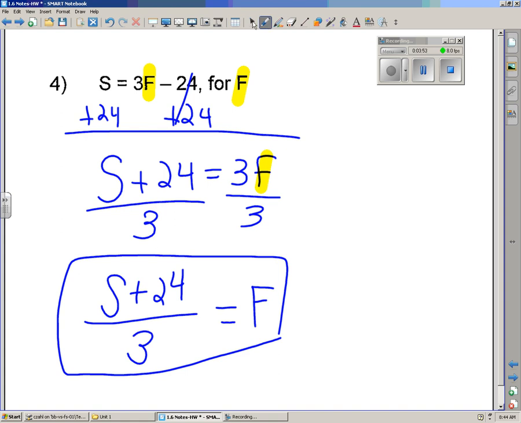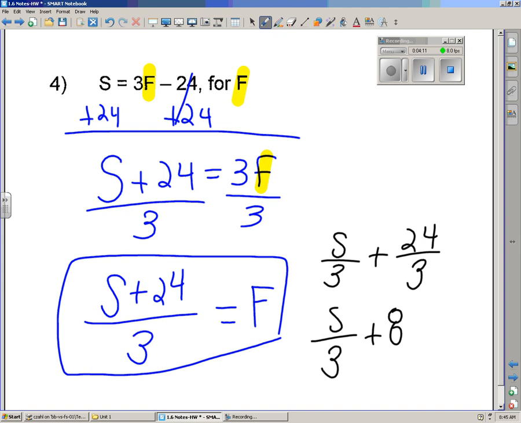I'm not requiring it. But what you need to understand is that s plus 24 divided by 3 is really two separate fractions, s over 3 plus 24 over 3, which would really simplify to s over 3 plus 8 equal to f. I will take either of those answers.